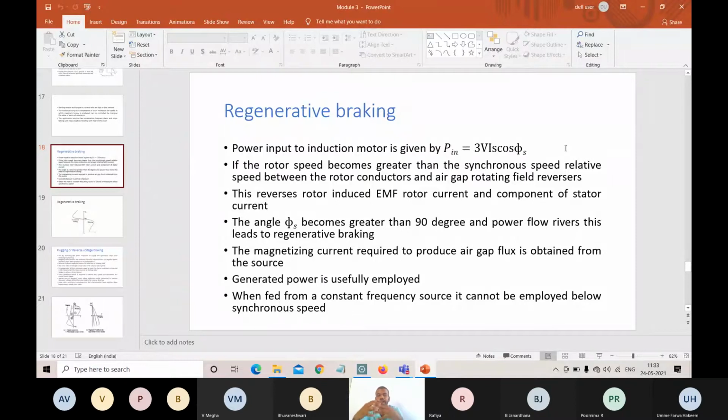Because of the continuous flow of current in the rotor conductors, a rotating field is generated. This rotor rotating field and the air gap rotating field reverse. When this reverses, automatically the rotor current increases, so the rotor field increases.